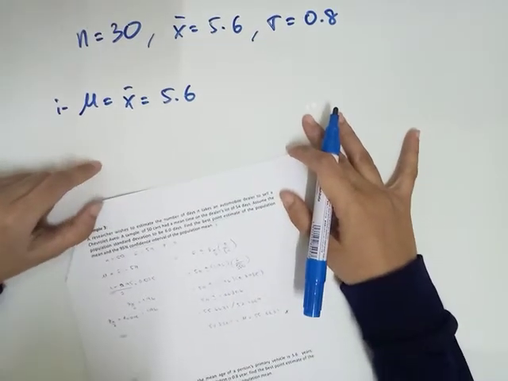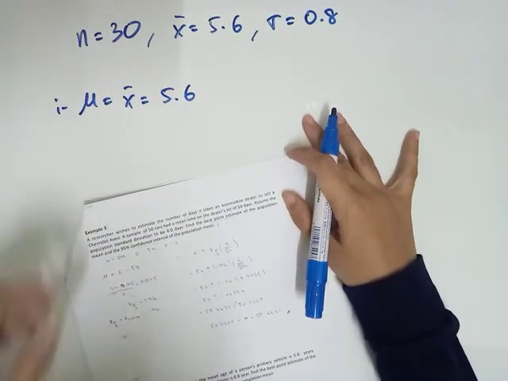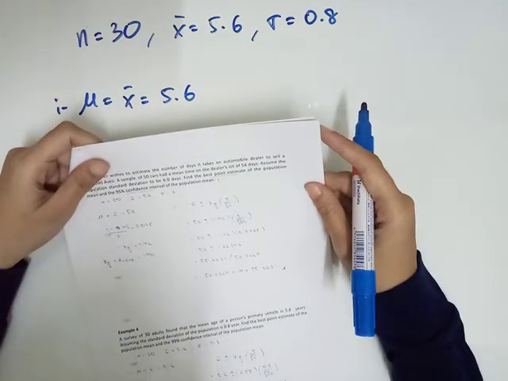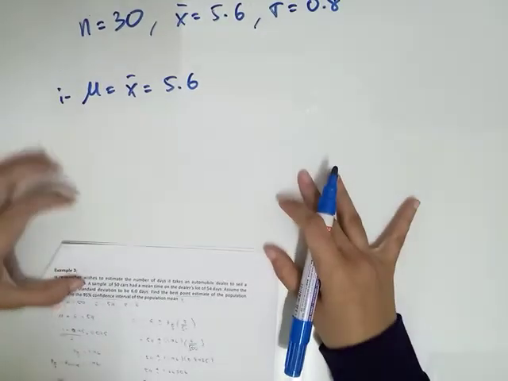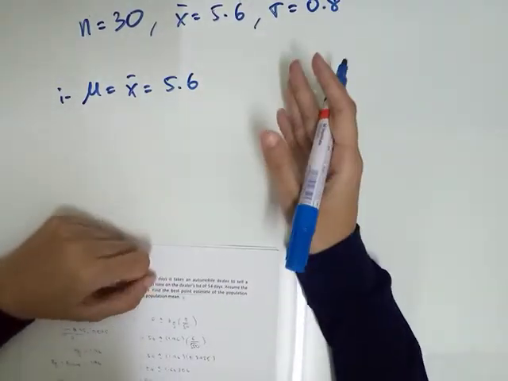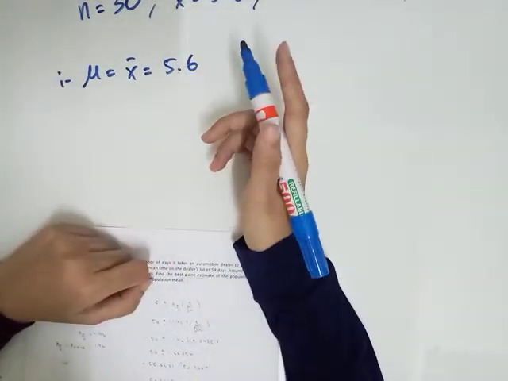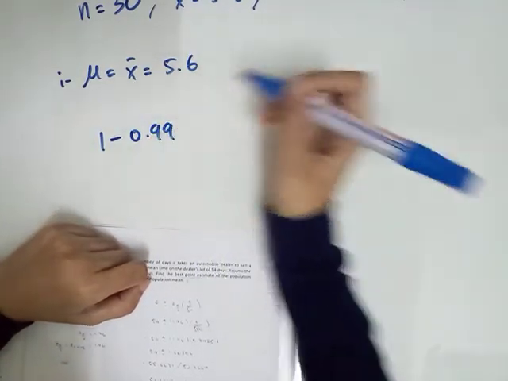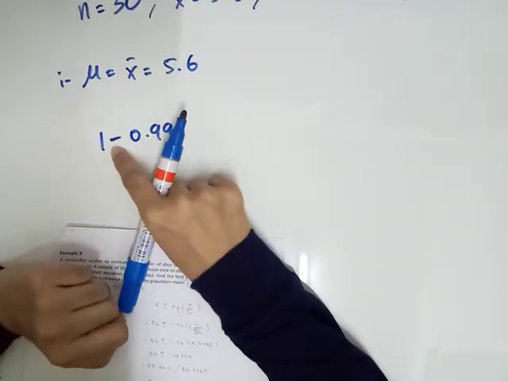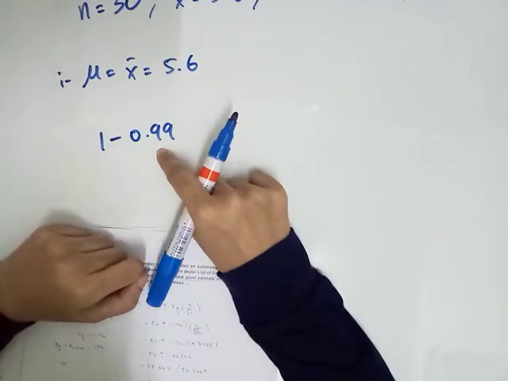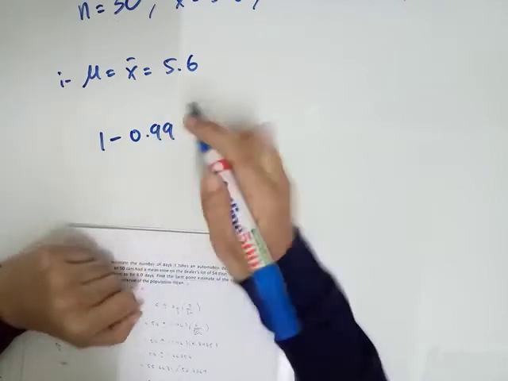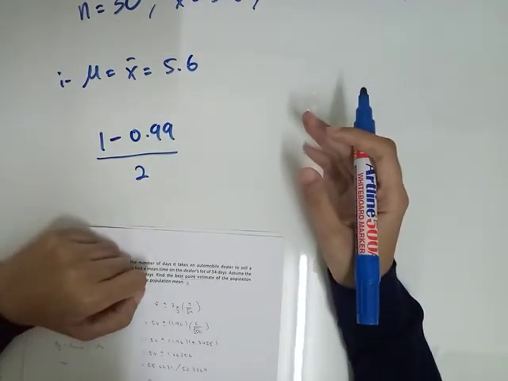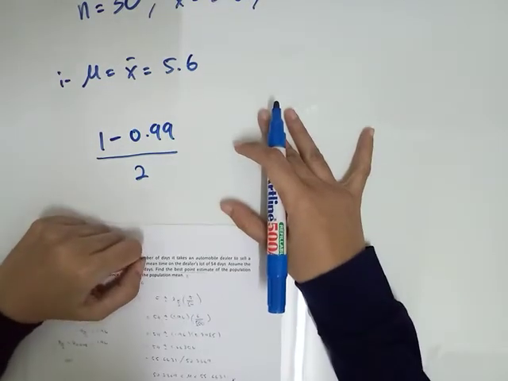Okay, and then the second question is the 99% confidence interval. Find the 99% confidence interval of the population mean. So we know that 99% is 0.99. The first step, you have to find the Z value. So 1 minus 0.99. Okay, 1 is the total area. You have to minus 0.99, the 99% confidence interval, and then you have to divide it by 2, because we only need the area in the right tail only.